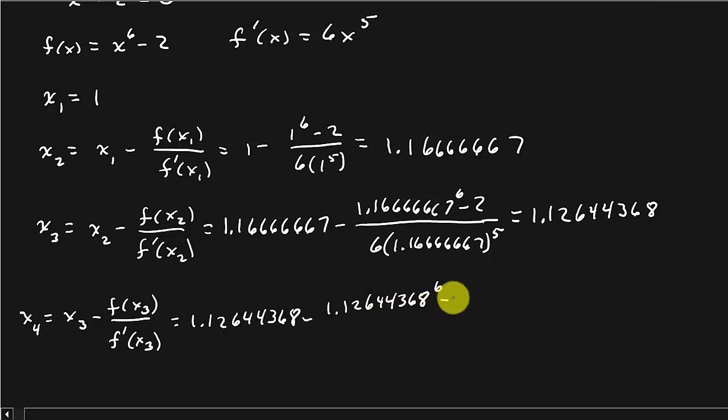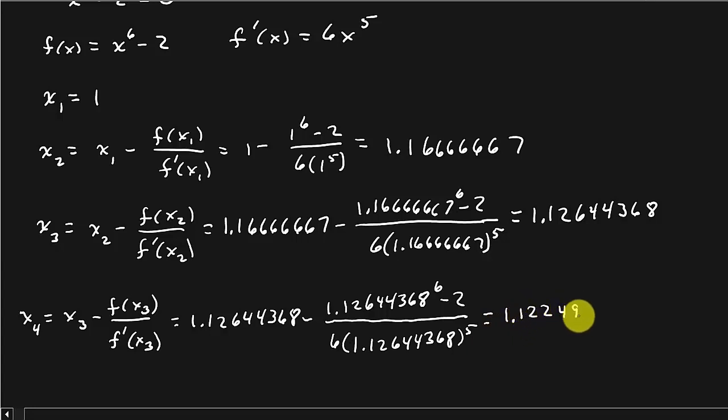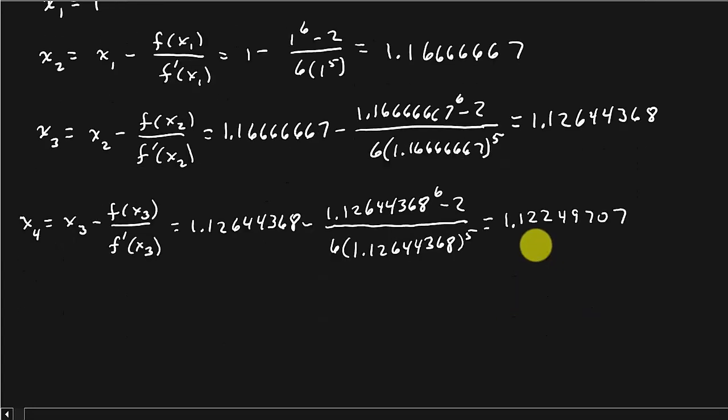So that's 1.1264436 to the 6th minus 2 over 6 times 1.1264436 to the 5th. And so x4 is going to give us 1.12249707.